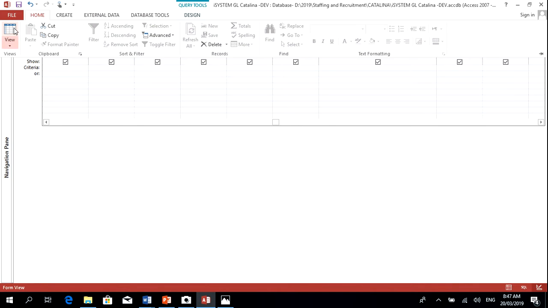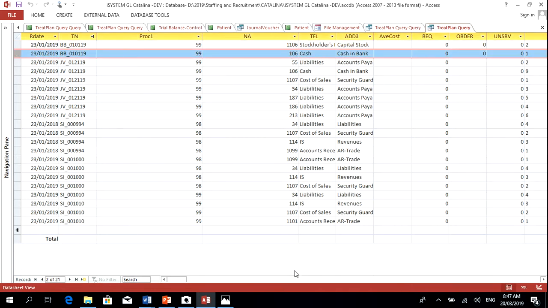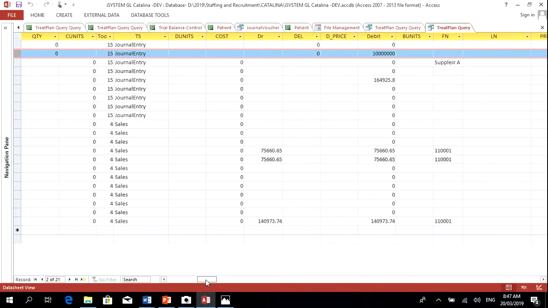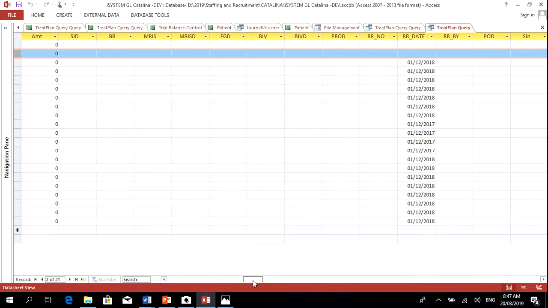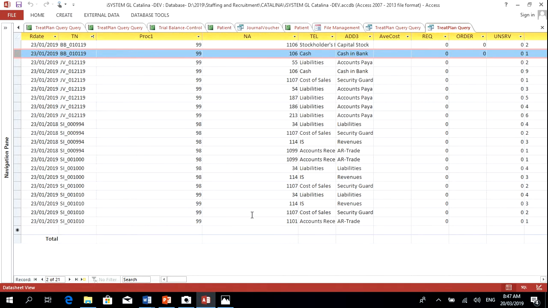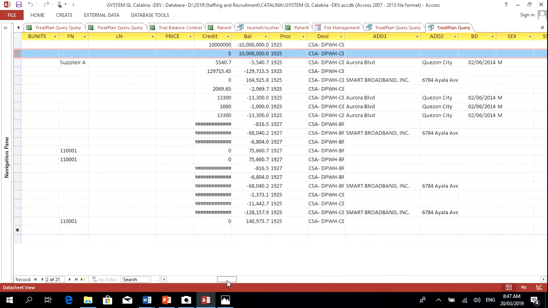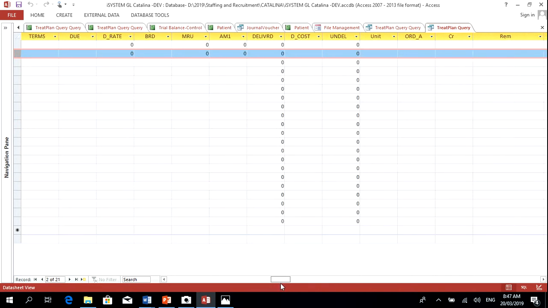Now let's see. Why is that? You see this transaction again? That's your cash. We're looking at the account number. Apparently it's not beside their account, so we look for it over here.